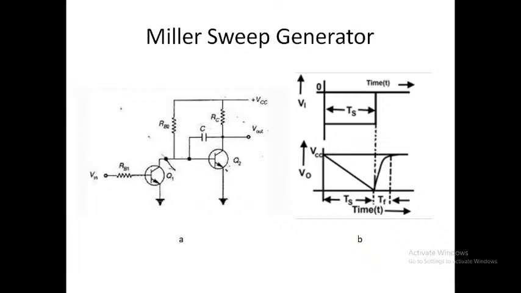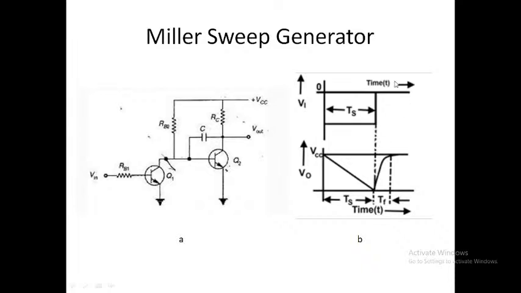Now we'll go on to the operation. Initially, we assume that transistor Q1 is on and Q2 is off. We are giving a pulse signal to the input, a negative pulse, as you can see here.